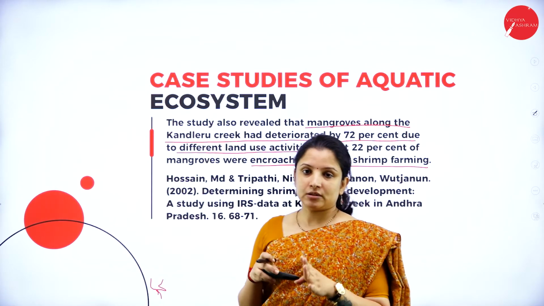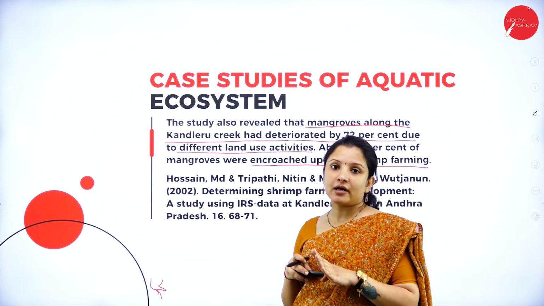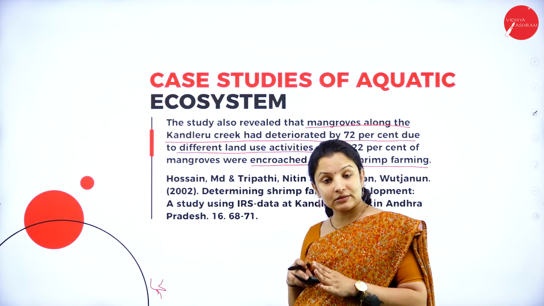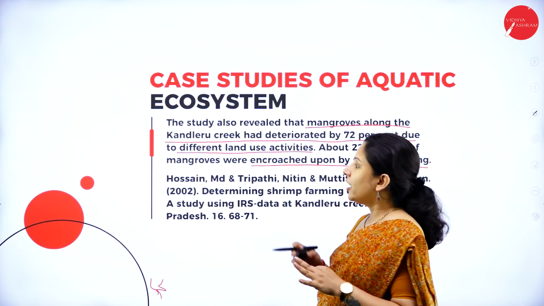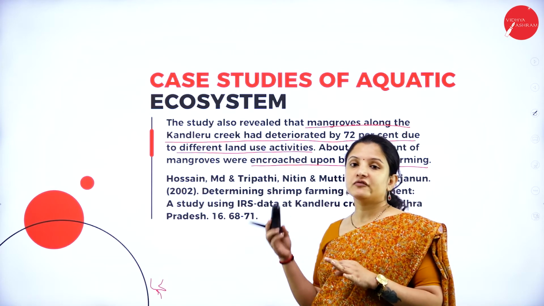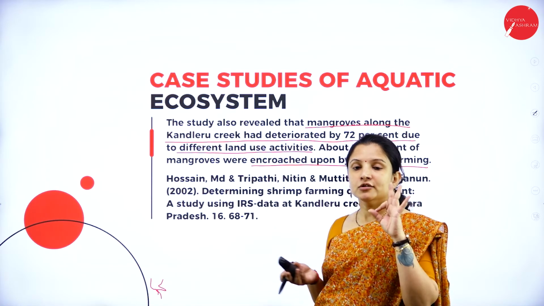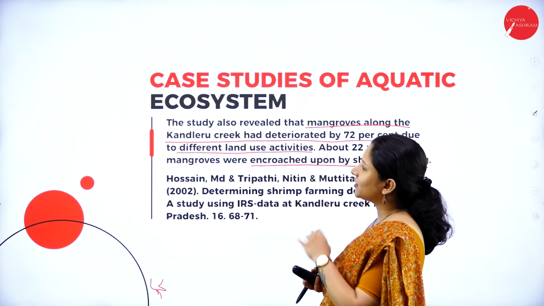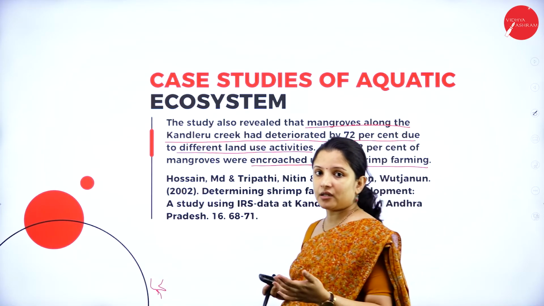So whatever creek was there in Kandleru, eutrophication or the death of the water body occurred, and the mangrove population also decreased because of intensive shrimp farming. So these were the two reasons. Here one more thing can be done. What can be done here?